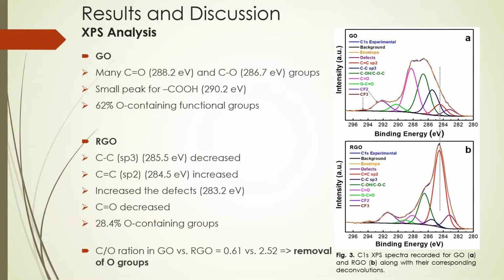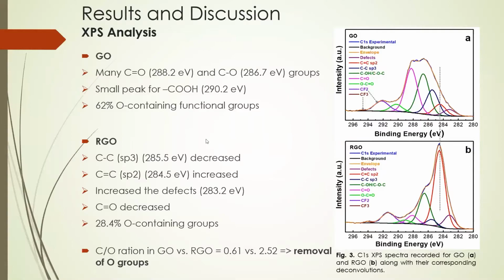The spectra obtained after X-ray photoelectron spectroscopy investigation shows for GO that the peaks corresponding to carbon, oxygen, and the simple bonds between the carbon atoms have the highest intensities. The intensity of these peaks decreased for RGO, while the intensity of the peak corresponding to the sp2 double bonds between the carbon atoms increased significantly, as we can see here.